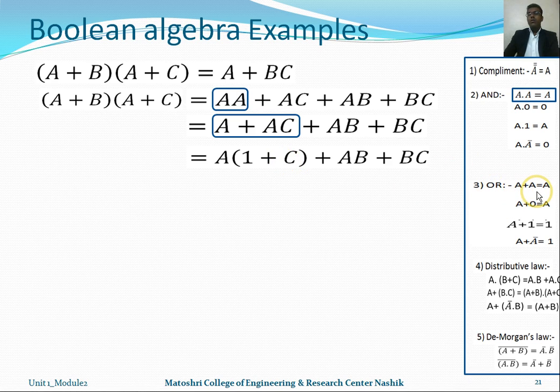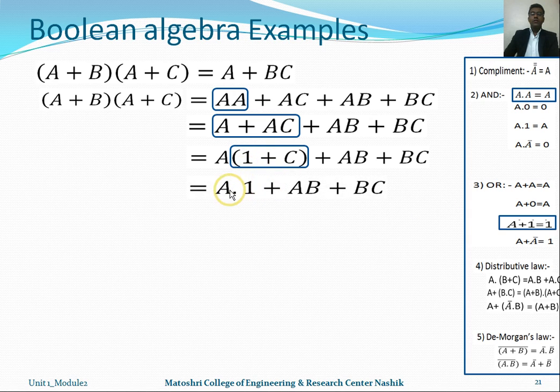From the OR rules, it is clearly mentioned that A ORed with 1 gives the output 1. Similarly, C ORed with 1 gives the output 1. So from these rules, we get A ANDed with 1, and then again A ANDed with 1.